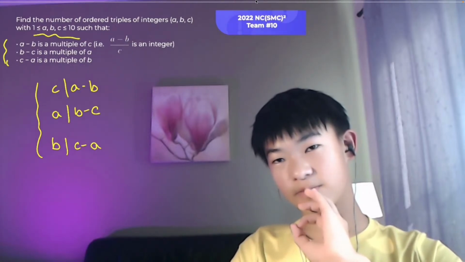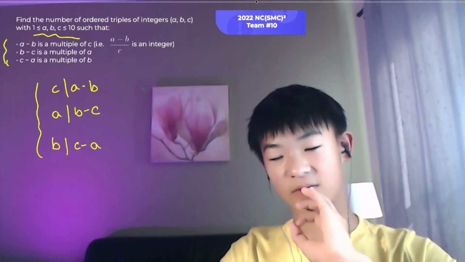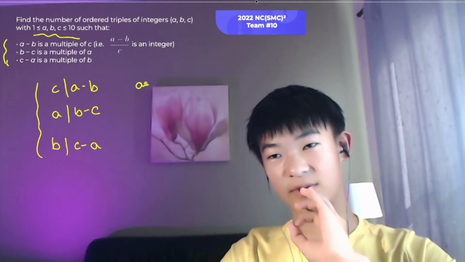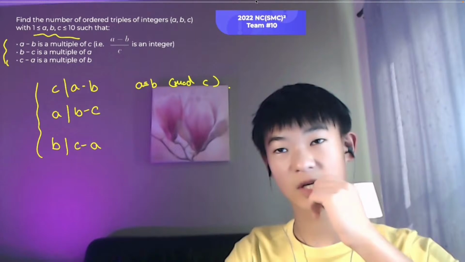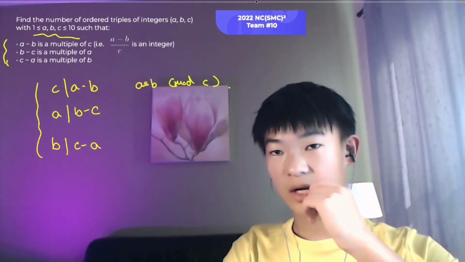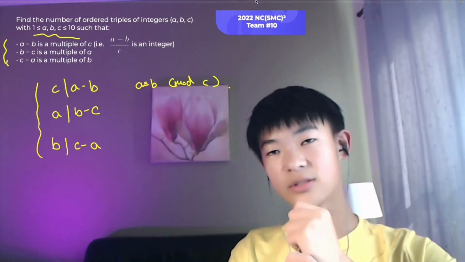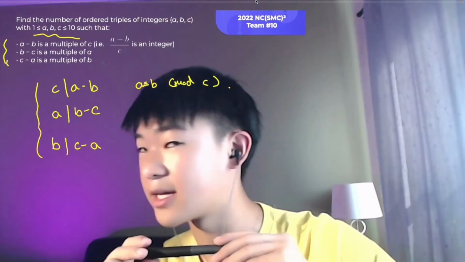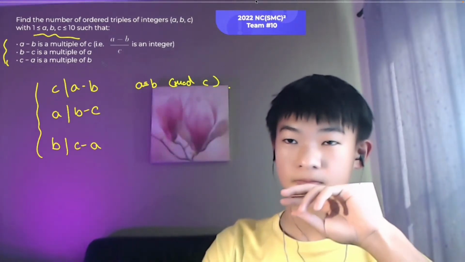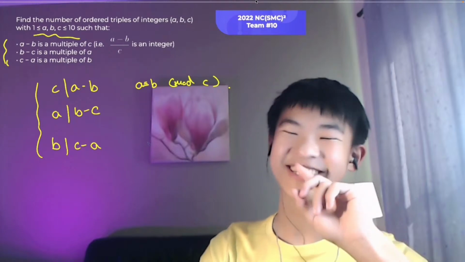How about if we transfer this into modular arithmetic, we just have A is congruent to B modulo C, and I'm not sure if that will help too much. We actually have pretty tight conditions. A, B, and C must be between 1 and 10, my bad.